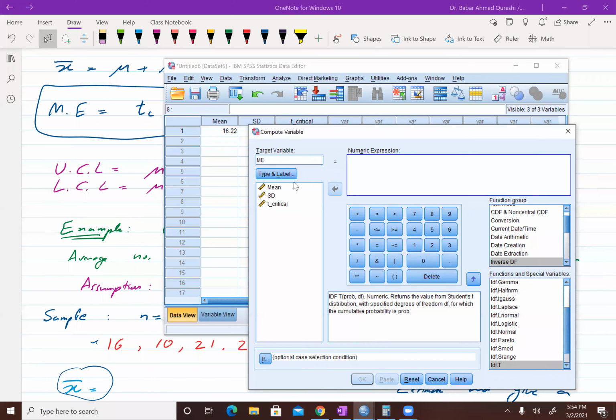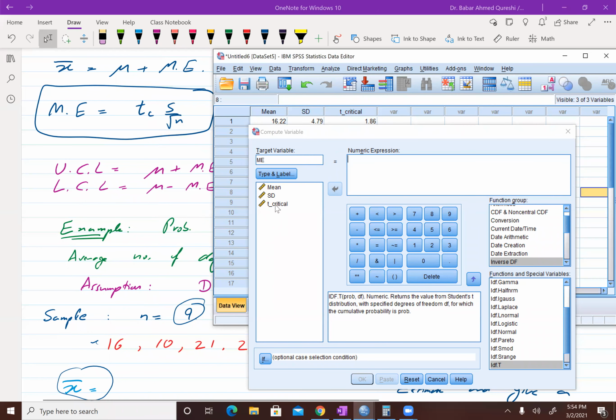I'm just doing a simple multiplication: in this formula, you need t critical multiplied with the standard deviation. So you just click on it, it comes over here, multiplied with the standard deviation because I had stored it in this variable. And you want to divide it by the square root of 9, which is 3. So let me just directly put divided by 3. And it will be stored in this margin of error.